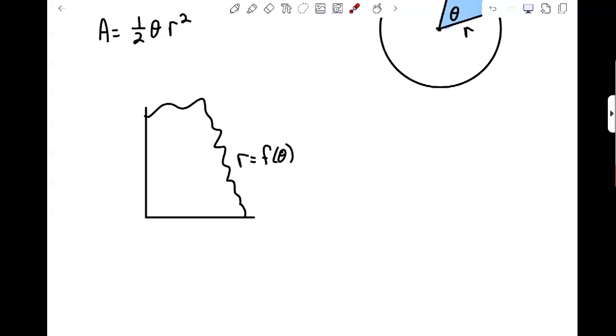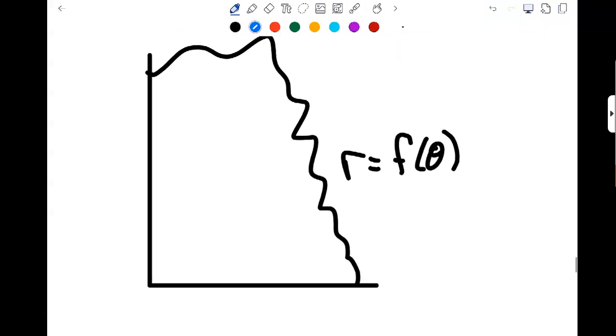Well, what we can do is subdivide. That's what we've always done. Subdivide our interval up, except now we're subdividing around the variable theta. So we're subdividing the angles.